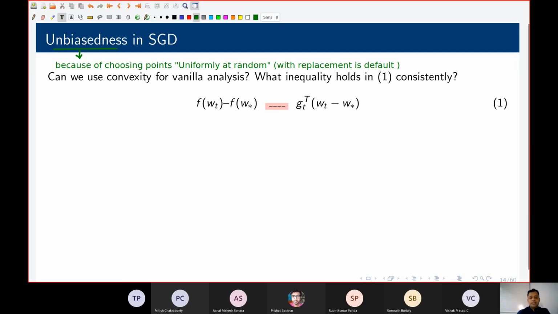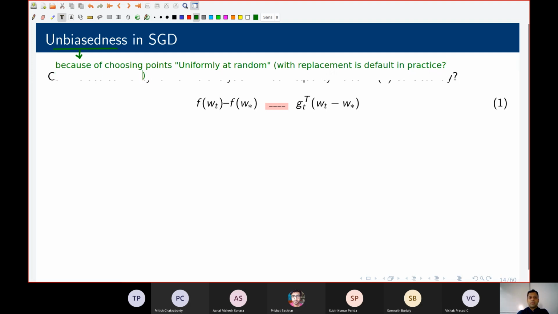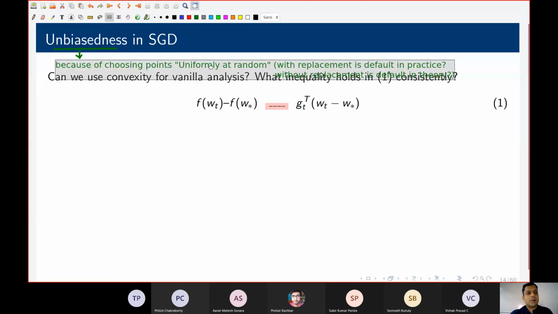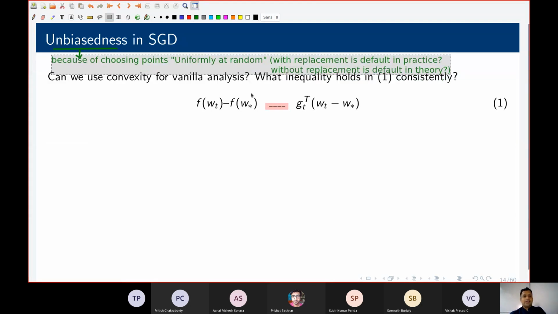So with replacement is default in practice. That's what you're suggesting. Without replacement is default in theory. Yeah, I'm marking these as questions. I think these go unnoticed. Typically, you're just users of optimization. You don't even pay attention, right? So give some thought to it.